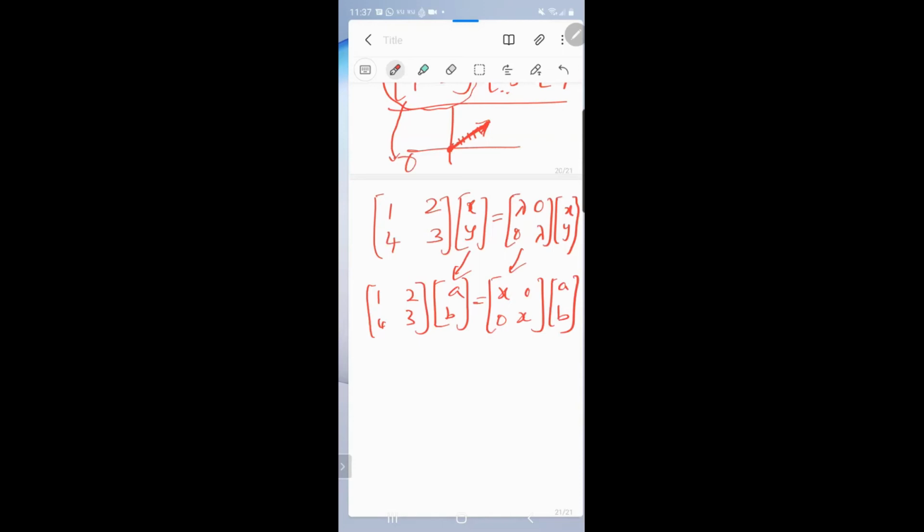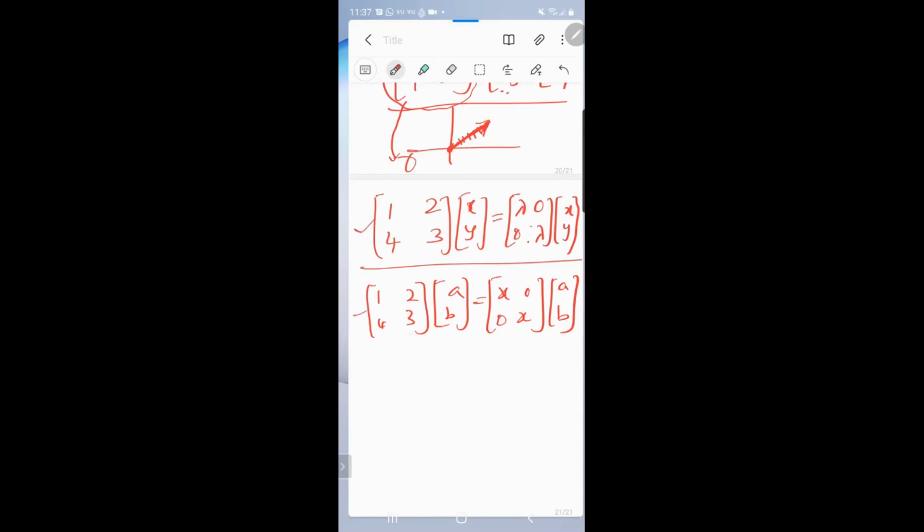I was operating with two sets of variables. Depending on which pair of variables you started with, continue with that. Don't switch in between. If you do this or this, you'll get exactly the same answer because the letters don't matter, as long as you don't change the letters in between. You start with this and continue with this, or start with that and continue with that.